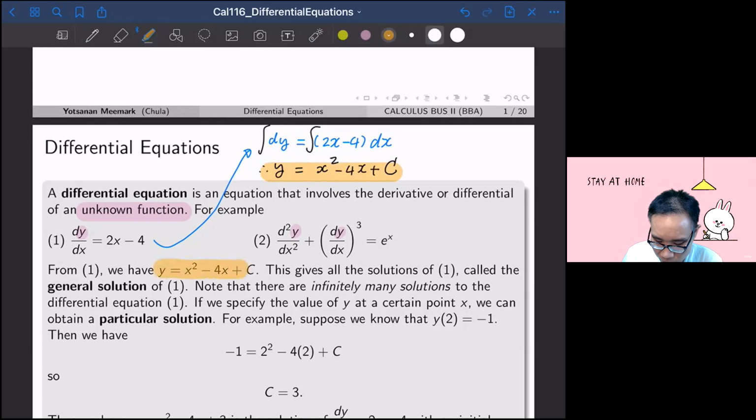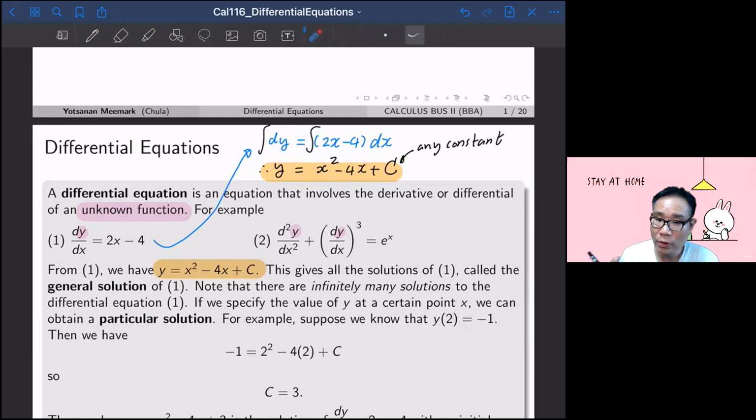And you see that c is just any constant. c can vary: c equal to 0, c equal to -1, c equal to √2. So c can be any constant.